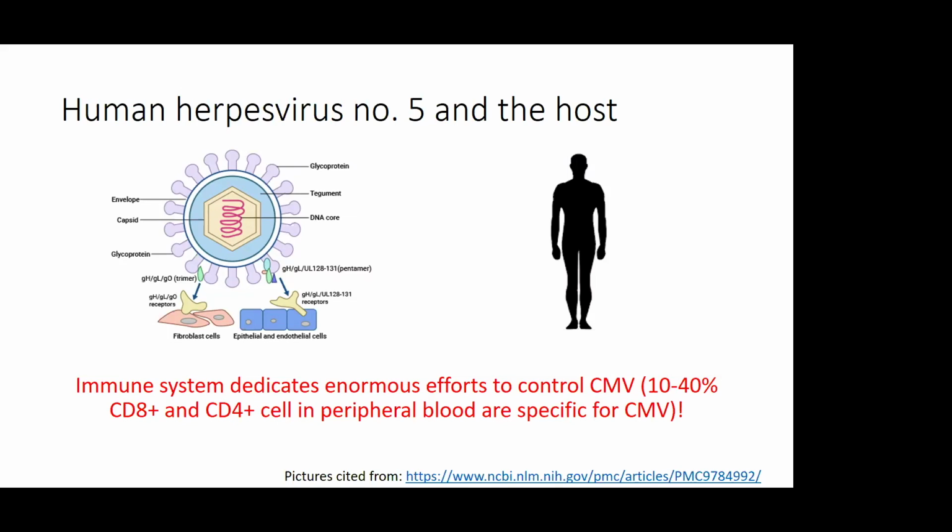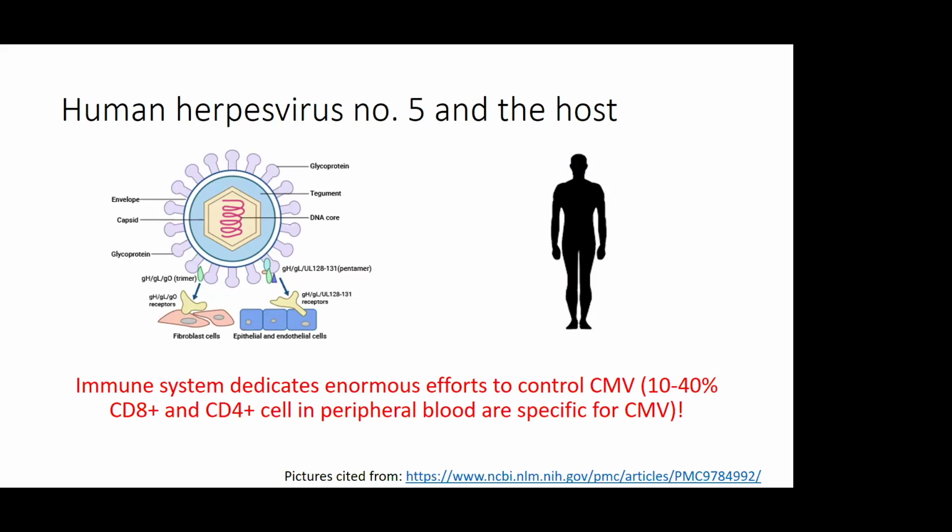And the cellular response is crucial to controlling CMV, with CD4 positive and CD8 positive T lymphocytes directed towards the pp65 protein. And when the control is well set, then infection becomes indolent.